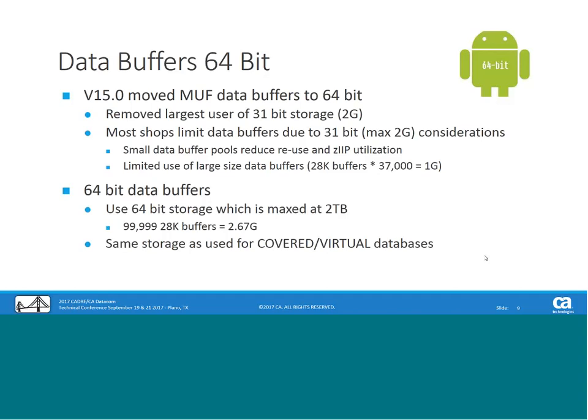Again, if you're using covered and virtual, you probably already have your 64-bit limit set. You may want to raise that if you're going to move 64-bit buffers. We typically recommend running with no memory limit, but most systems programmers want to have some 64-bit and 31-bit limits set.